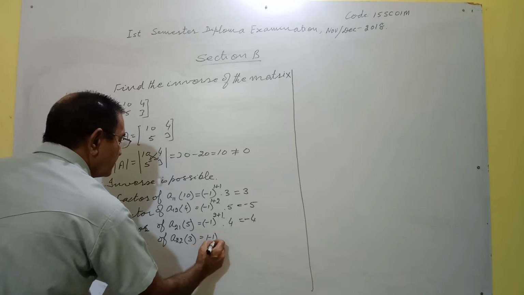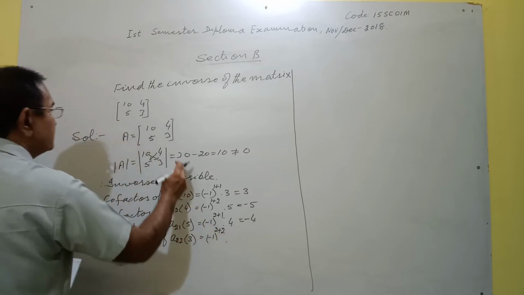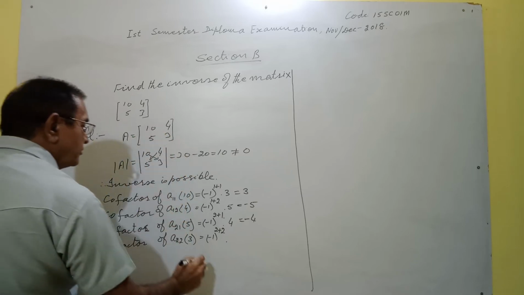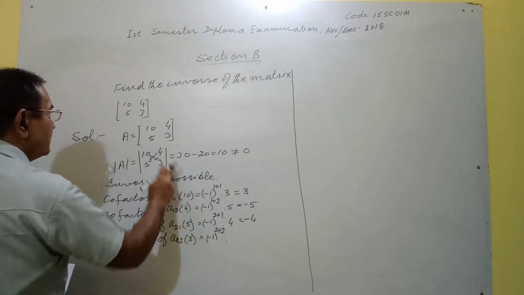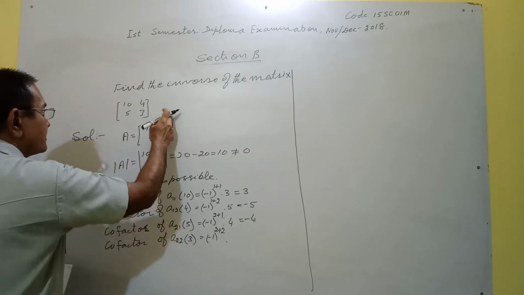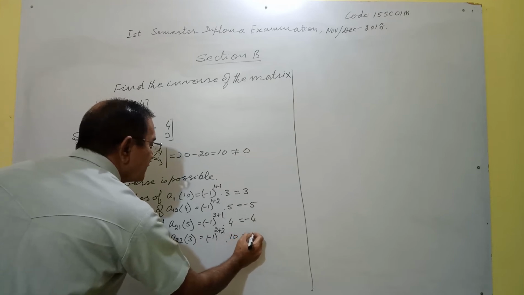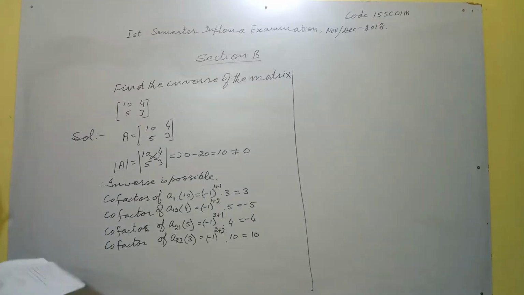Minus 1 power row plus column, cut the row, cut the column, we are left with 10. So plus 1 into 10, that is 10. So like that, we can find the cofactor of this matrix.